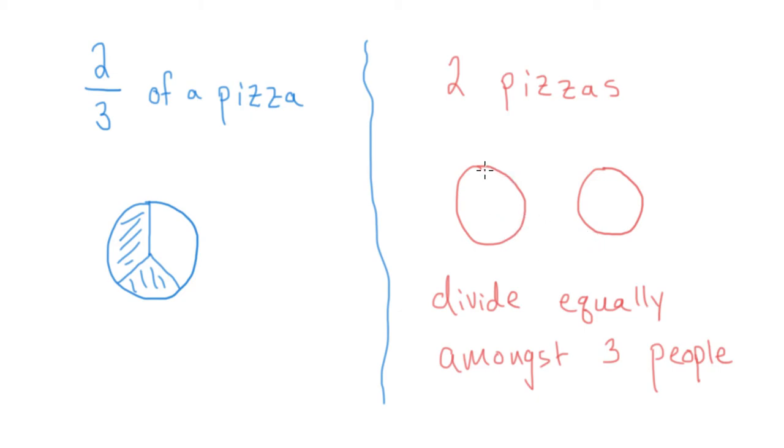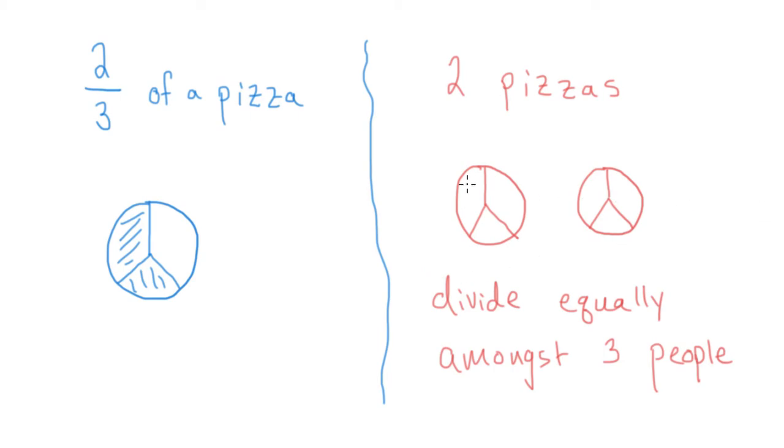But one way we can do it is we can partition each one of the pizzas into three equal parts. And why am I partitioning the two pizzas into three equal parts? Because I have three people that I'm trying to divide the pizza amongst. That's sort of this how many groups, right? I know how many groups, there are three, but I want to really know how many units or how much pizza each person gets.